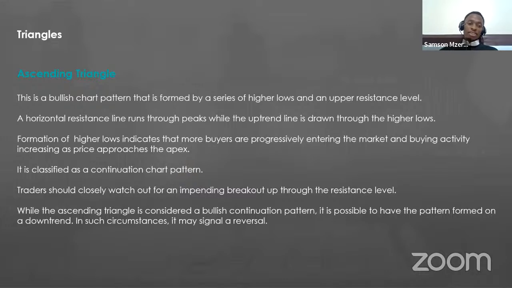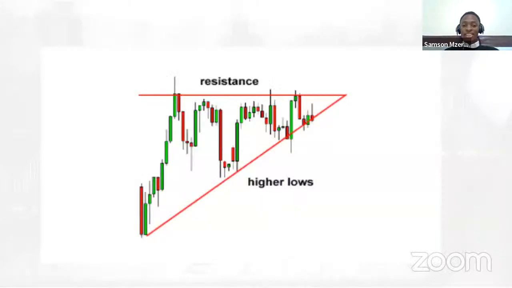When it comes to an ascending triangle, this is a bullish chart pattern in which we have a series of higher lows and an upper resistance level. You'll have a horizontal resistance running at the peak, as shown by Mathew.